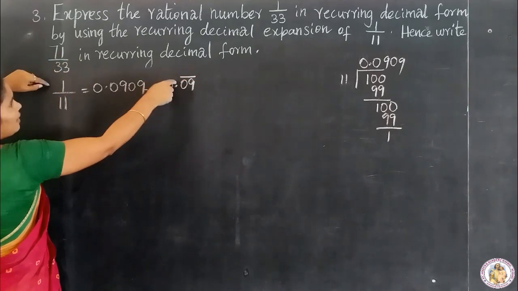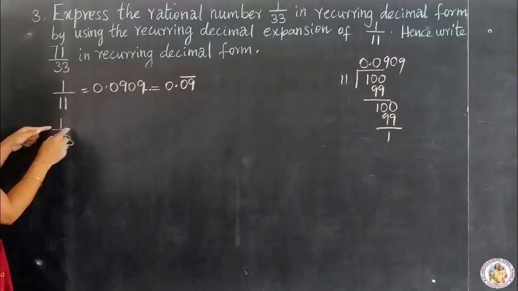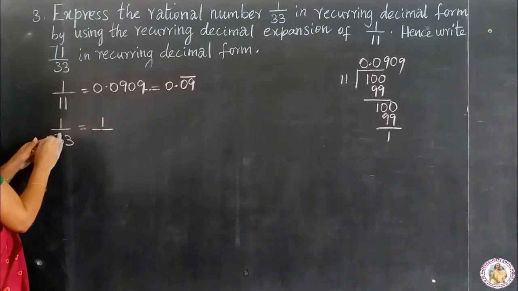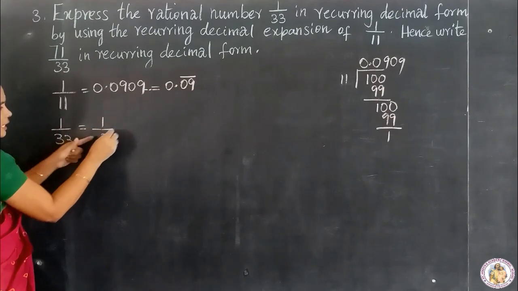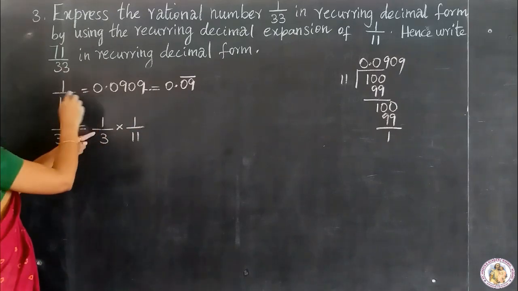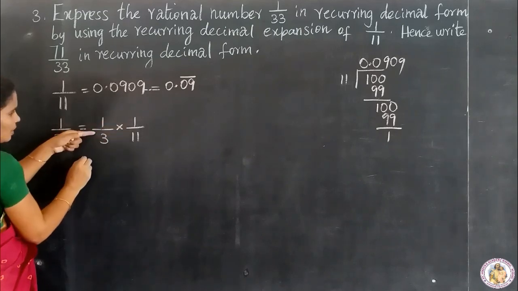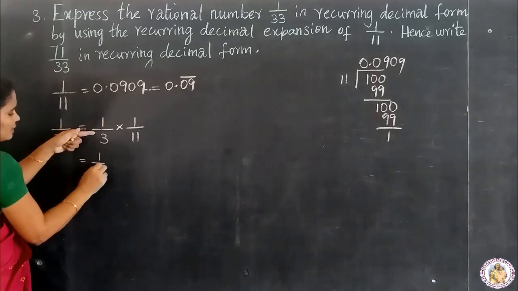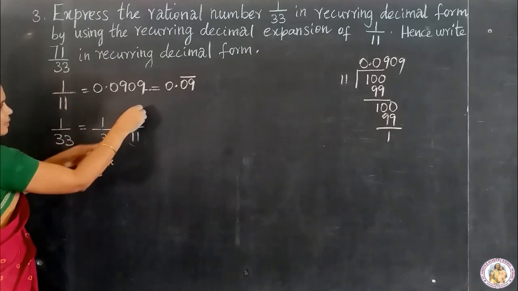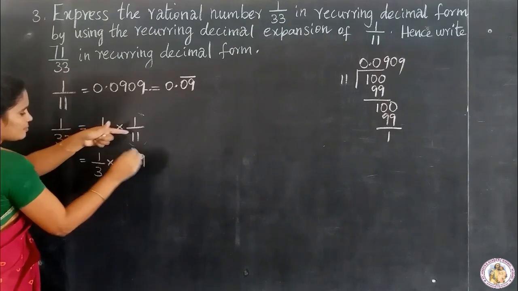Okay. And then go with 1 by 33. 1 by 33 you can write in this form, that is 1 by 3 into 1 by 11. Okay. So as we found 1 by 11 decimal value already, just we have to apply 1 by 3 into 1 by 11. So 1 by 11 is equal to 0.09.